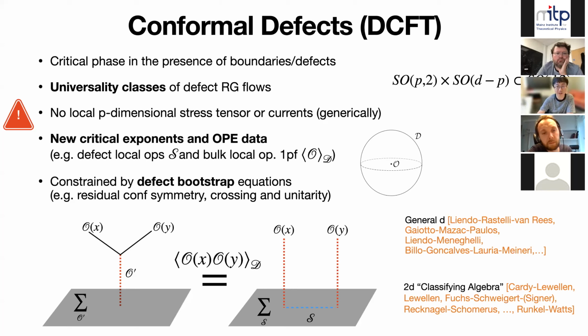All the conserved currents responsible for the SO(d,2) are associated with the stress tensor in d dimensions. Okay, I see. So it looks like a global symmetry on the defect, distinguished from the other ones by the fact that it's extrinsic. Right. Okay, thanks. Yeah, no problem.